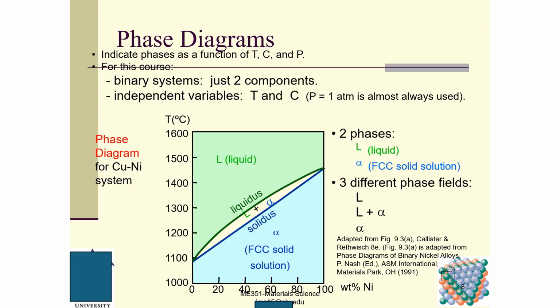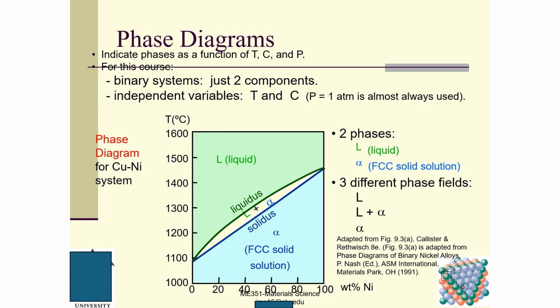Phase diagrams indicate the phases as a function of temperature, composition, and also pressure. For this course, for binary systems with two components and independent variables, we focus on temperature and composition.